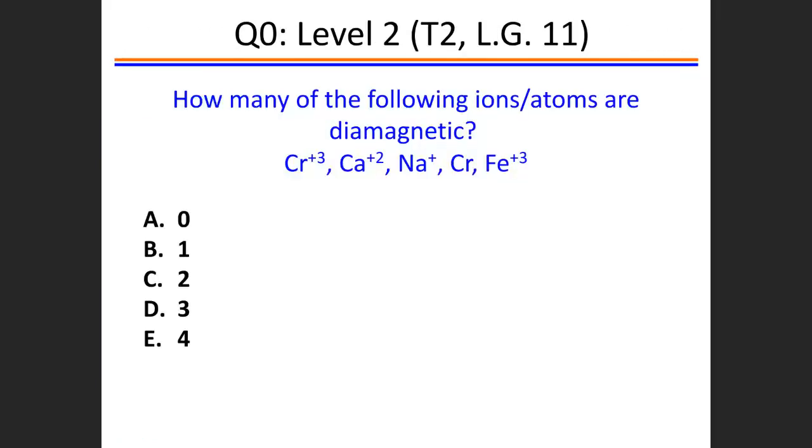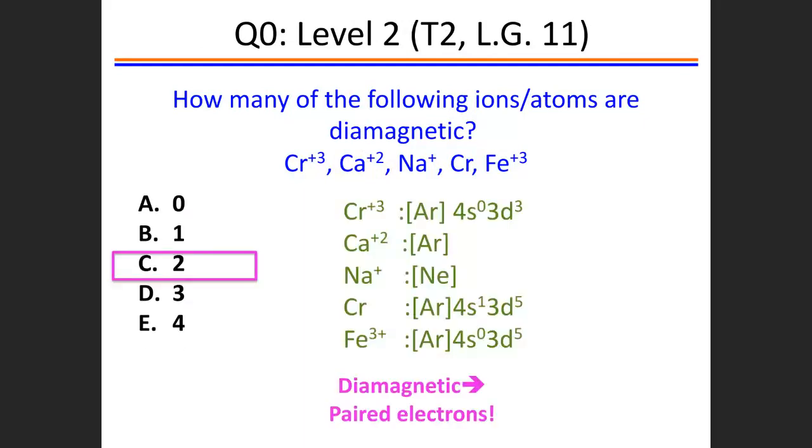Okay. So how many of the following ions or atoms are diamagnetic? Now, if you look into these atoms and their electronic configurations, these two are diamagnetic. Diamagnetic means they are in a pair. How do you understand? If we look at the others, you can see 3d3, 3d5, 3d5. They are at the same energy level, and they can't pair.